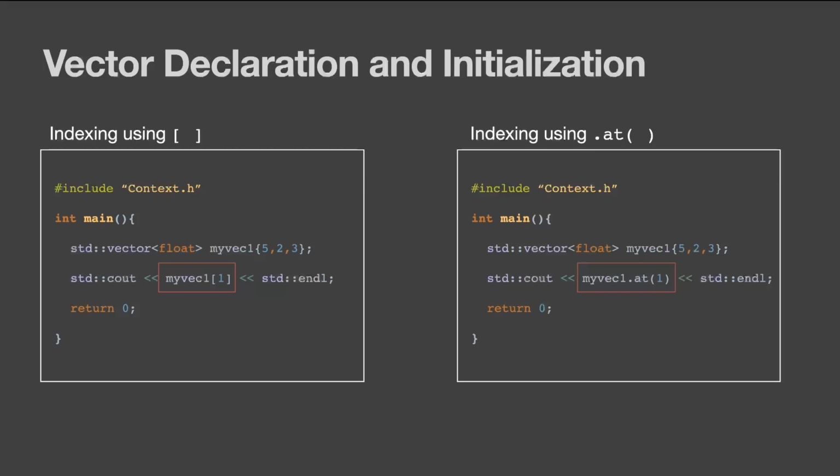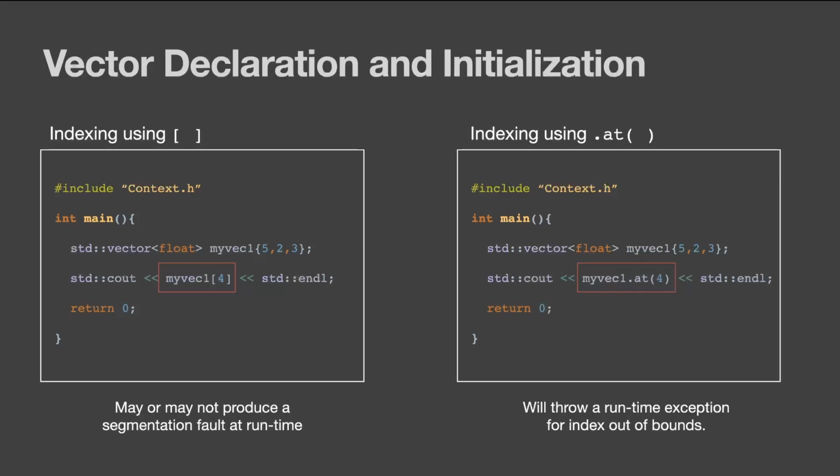So it's just going to do whatever we say, and it's going to index and or assign at that value. Whereas when we use our .at operator, it's going to do some checks, and it's going to make sure that that index is valid, and it's going to help us with an error message if what we're doing is invalid. So in this case, these would produce the exact same result. They should print out a value of 2 to the command line.